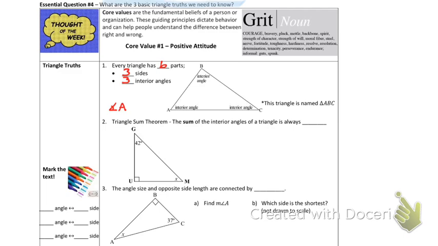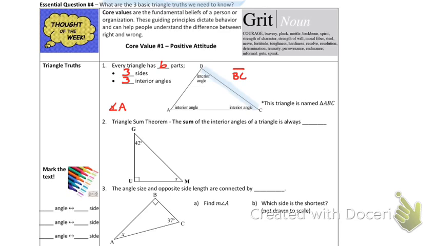For example, to name side BC, I would write BC and put a dash over it. That dash means I'm talking about the side length, segment BC. Hopefully this is review, and we'll get more into this as we go along.